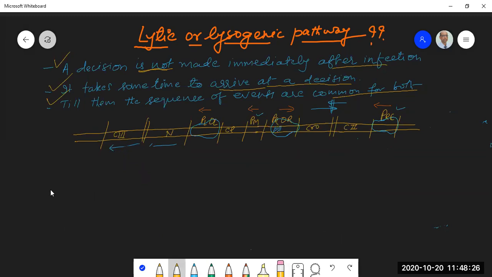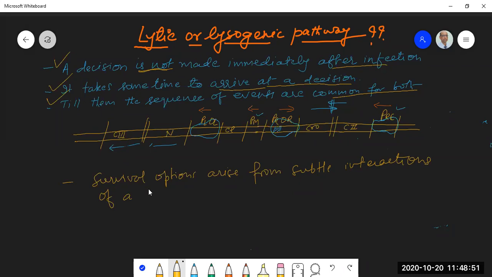There are two statements I'm making, so you can also write them down. Survival options arise from subtle interaction of a few proteins and their binding sites.